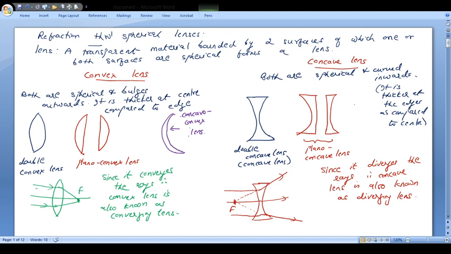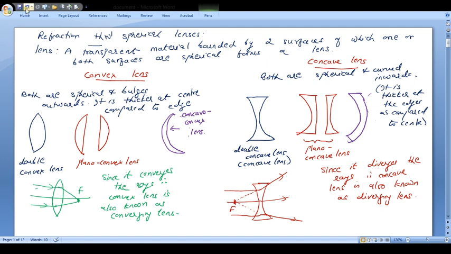Similarly here, this is curved inwards, and the outer part instead of being like this is bulged outwards. Here you will find that it is thicker at the ends as compared to the center.